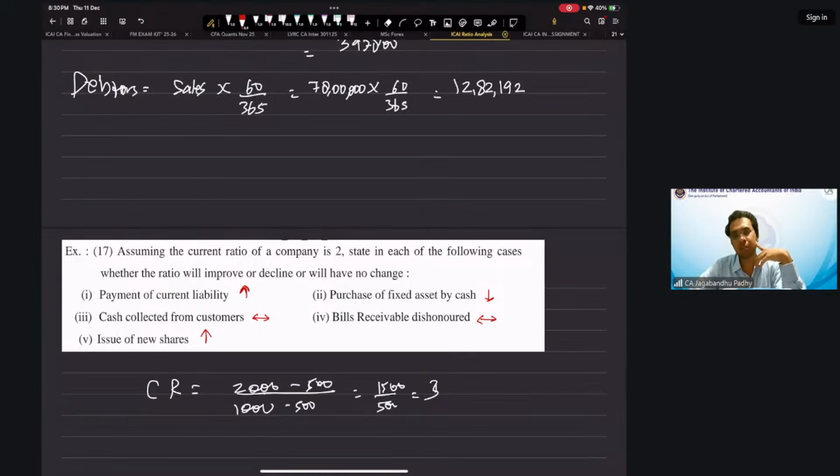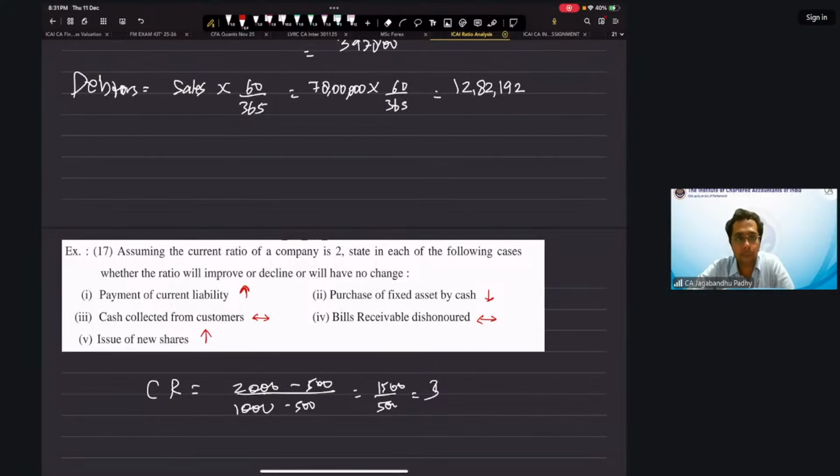How come debtors are your liability? It's not a discounted bill. It was just a bill receivable which you had in your books and that got dishonored. Okay.